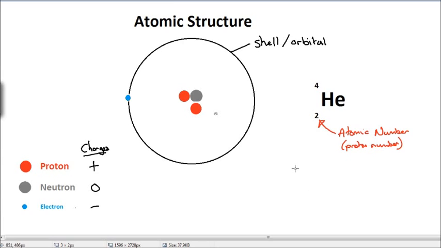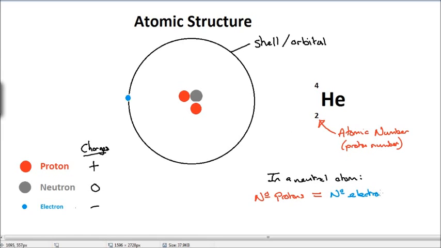Now, something that's very, very important to remember in terms of how we draw atomic structure is that in a neutral atom, so this is only a neutral atom, the number of protons equals the number of electrons.